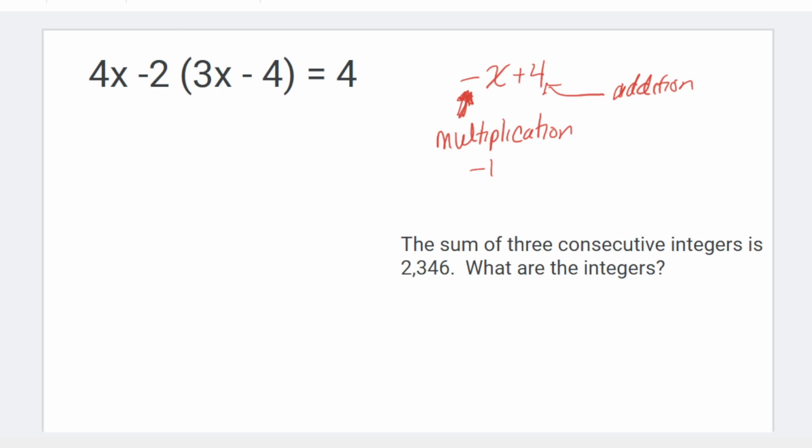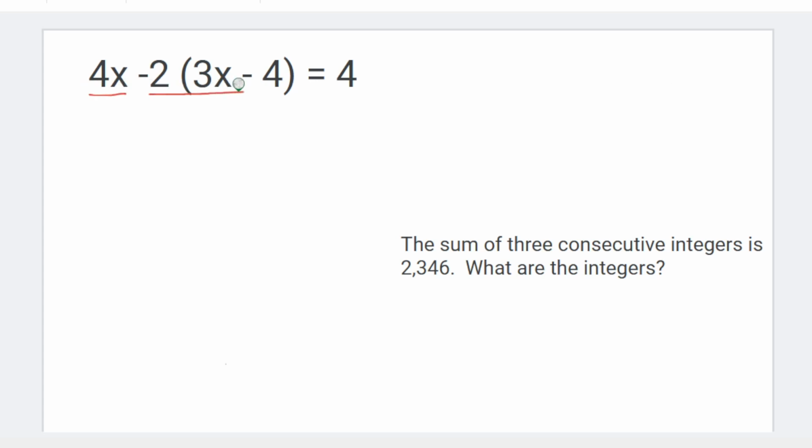Now the other thing that I could do is, because this is multiplication, I could divide to cancel out those parentheses. Both of those methods would cause your parentheses to cancel out, and then you wouldn't have to worry about them anymore. So I'm going to go ahead and actually do that. I'm actually dividing by -2 just to show you what that would look like.